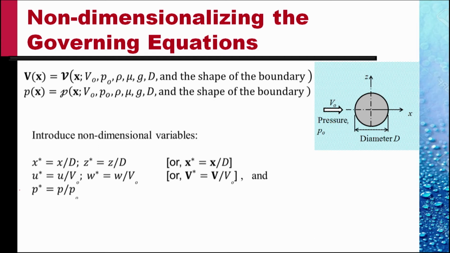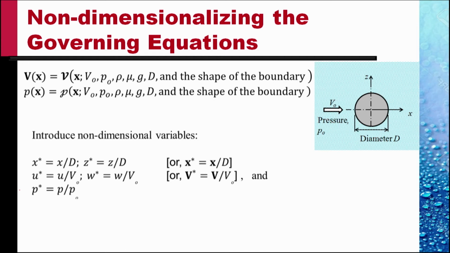The velocity we non-dimensionalize with respect to a characterizing velocity, a velocity that characterizes the velocities in this problem. And what is a velocity that characterizes the velocities in this problem? The velocity far upstream, the undisturbed velocity of air flowing past this cylinder, V naught.